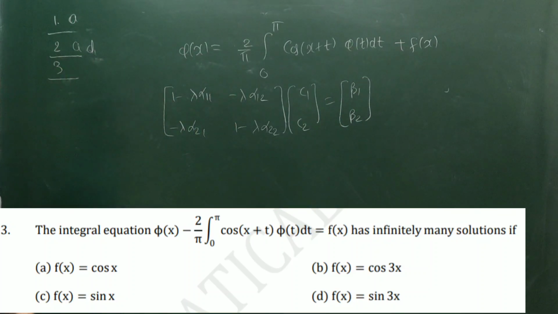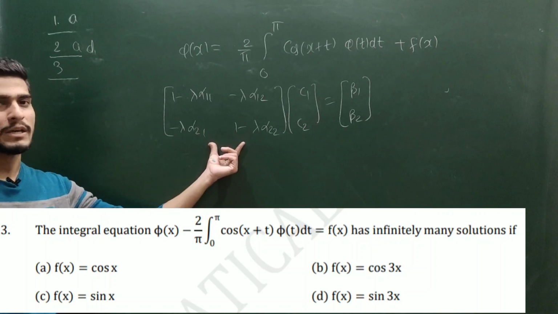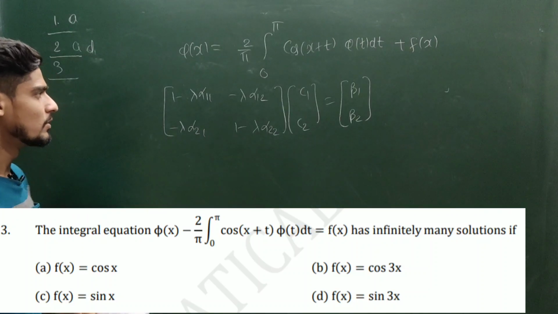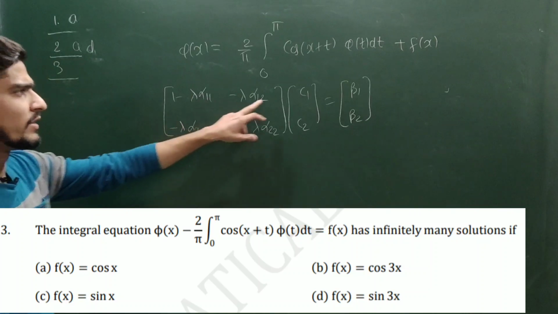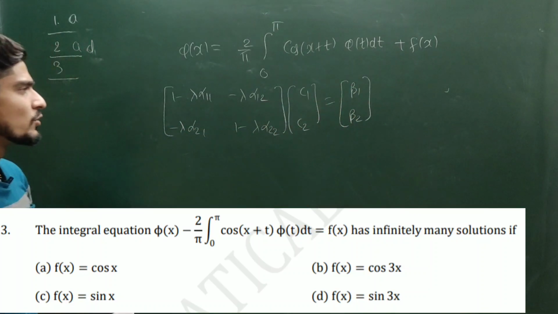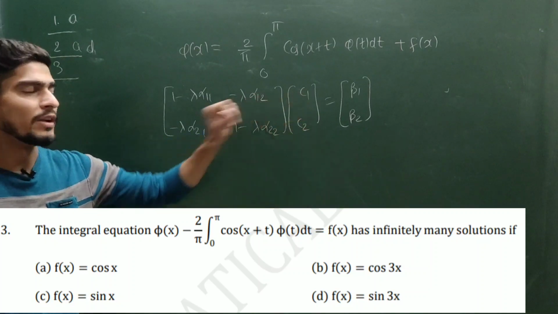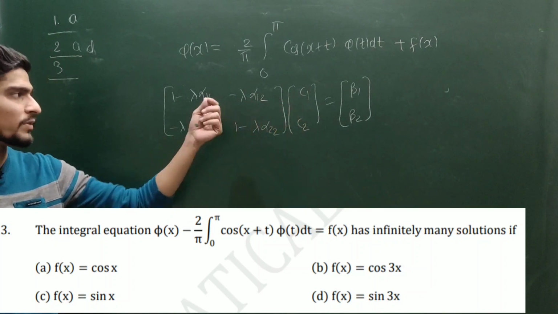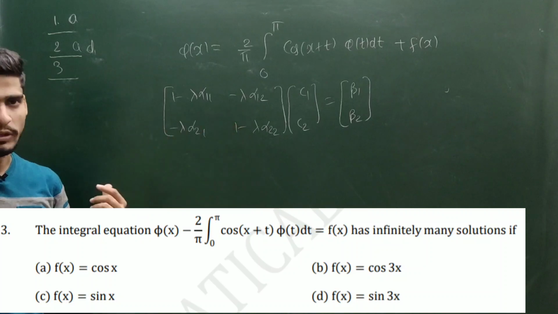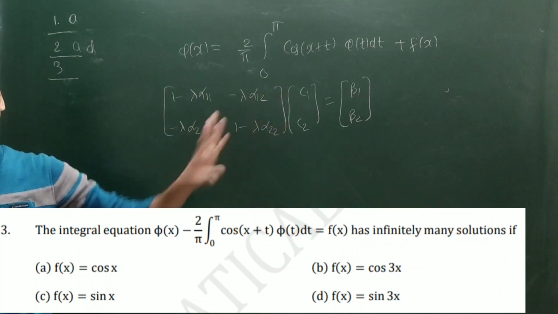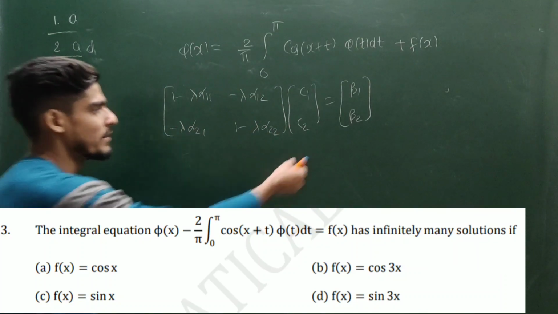For infinitely many solutions, I need this matrix to be a singular matrix. And what is alpha 1 1, C1, beta 1, that I will write, don't worry. So for infinitely many solutions, I need infinitely many C1 C2. And how will I get infinitely many C1 C2? Provided this matrix should be singular and rank of A should be same as rank of the augmented matrix. This is my B vector.